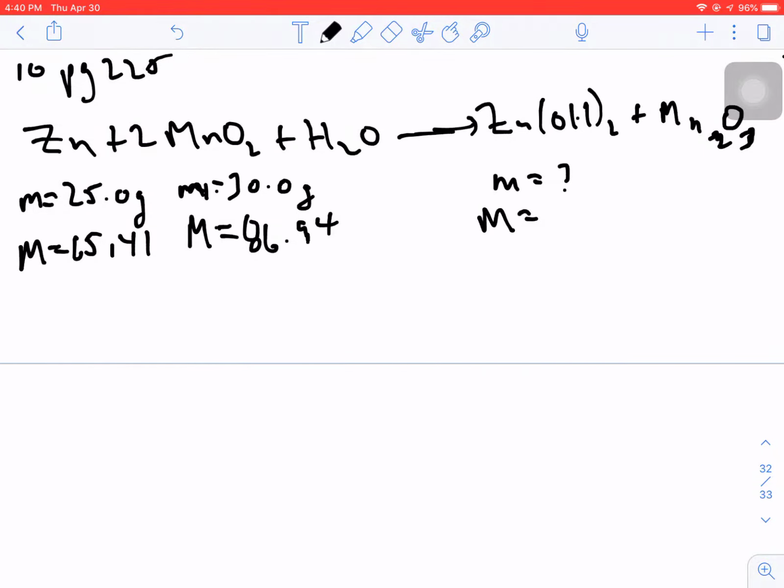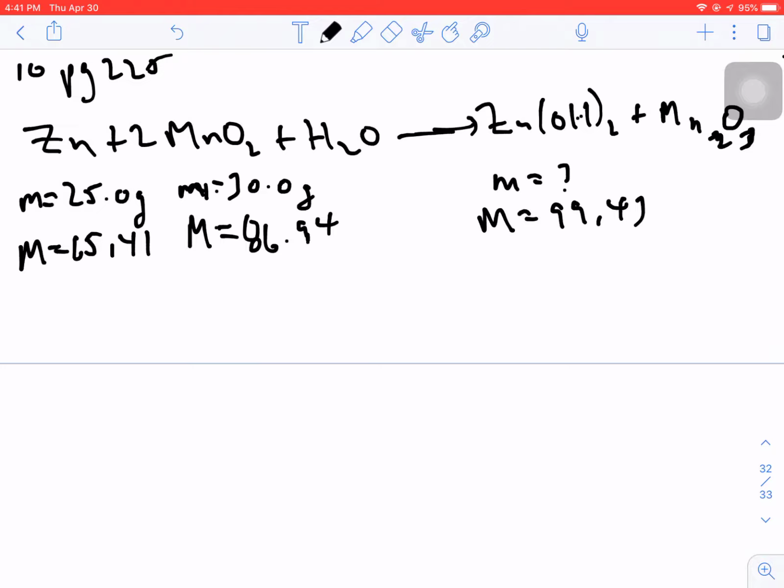Zinc we know is 65.41 plus OH times 2. So I've got 99.43. It's my molar mass for zinc hydroxide.